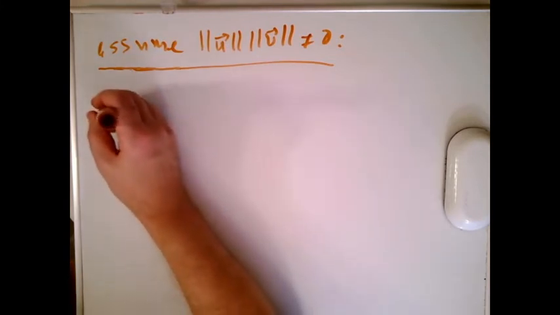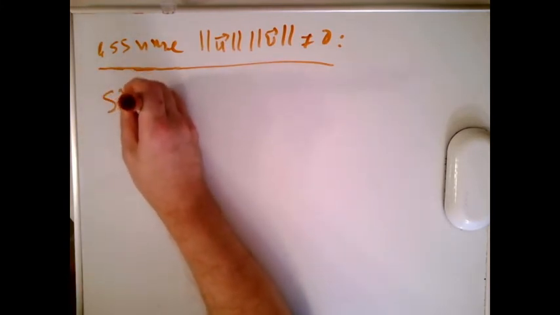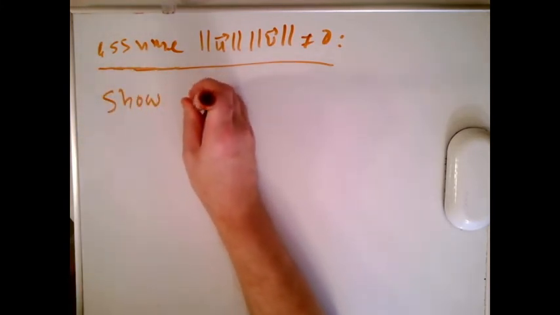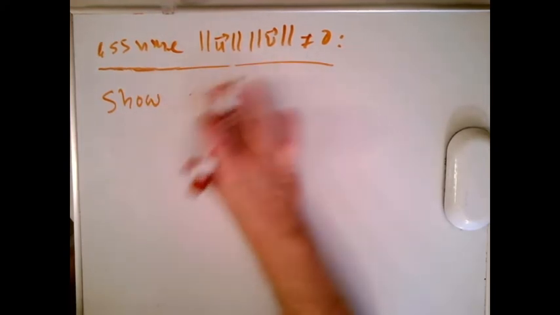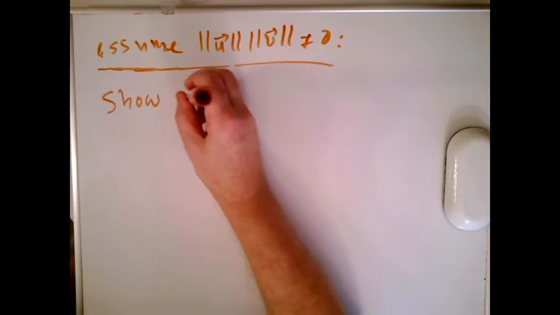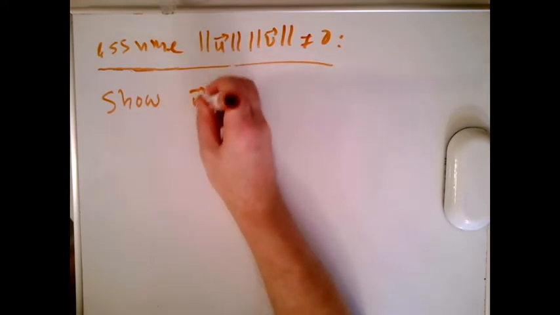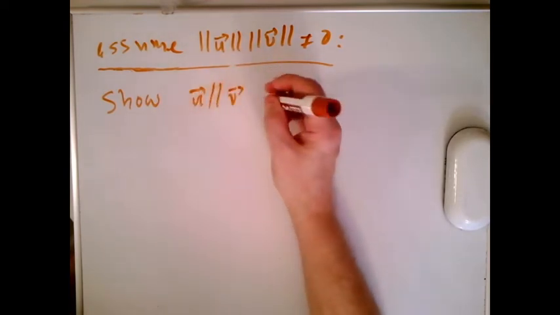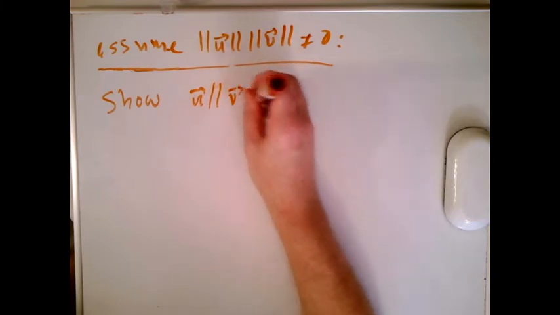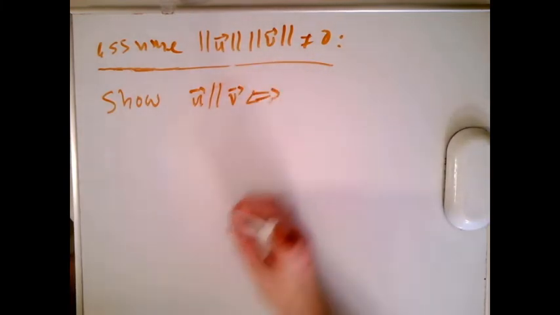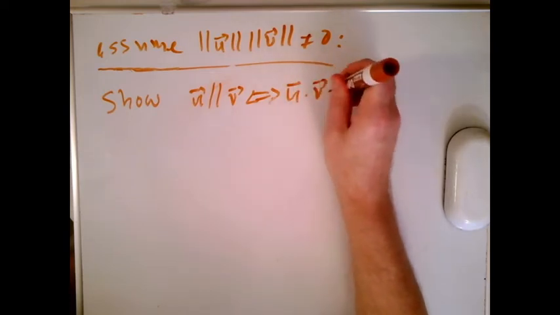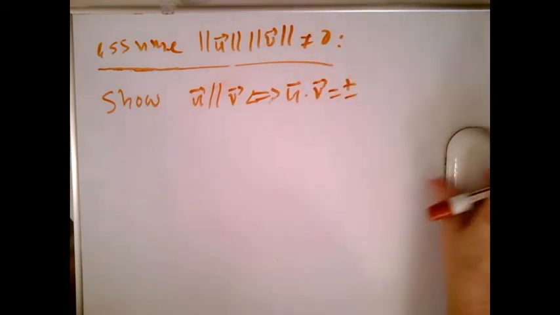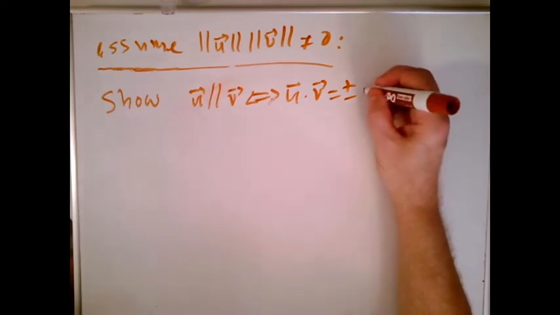So what they want us to show is that u is parallel to v if and only if u dot v is plus or minus the product of the lengths.